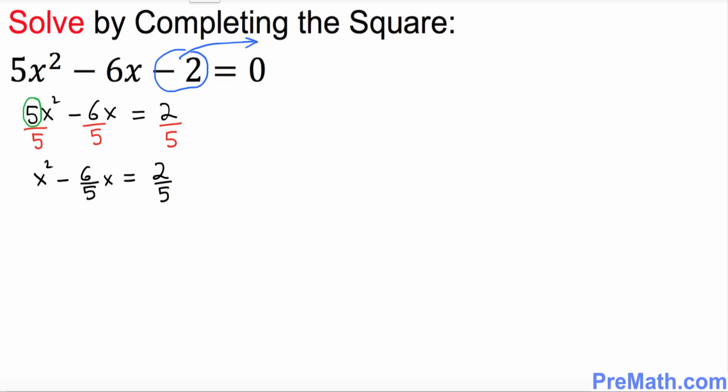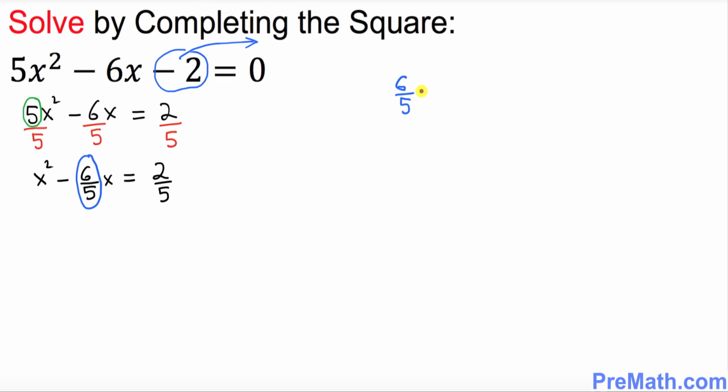Now the next step, I want to make sure you understand this one over here. Look at this part only: the coefficient of x, 6 over 5. Don't worry about the negative sign, just the coefficient of x without that sign. I want you to put it somewhere here: 6 over 5. Now I want you to divide this by 2.